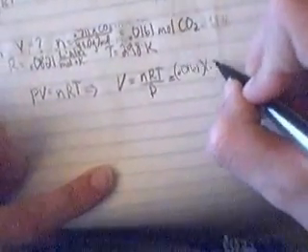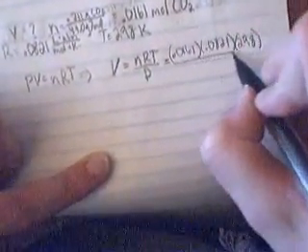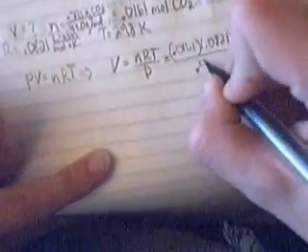So, this equals 0.0161, which is moles of CO2, times 0.0821, which is the universal gas constant, times 298, which is the temperature, and we divide that all by the pressure, which is 0.421 atmospheres.